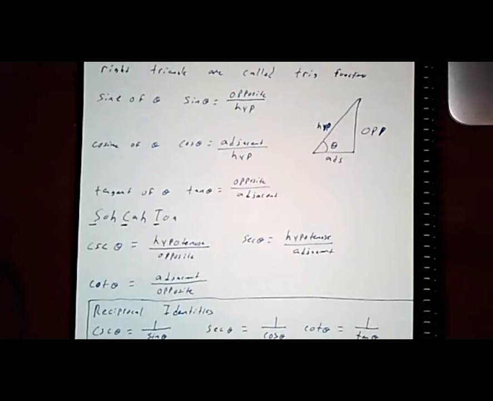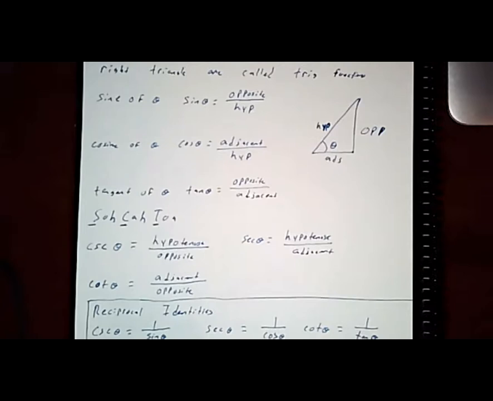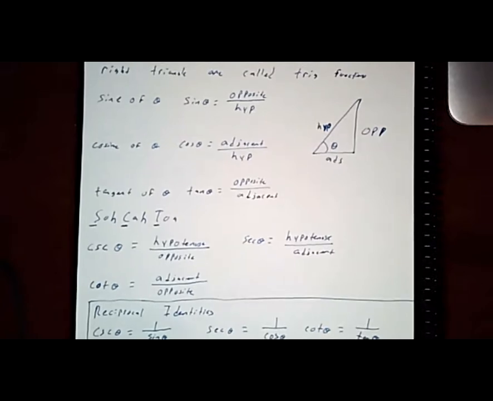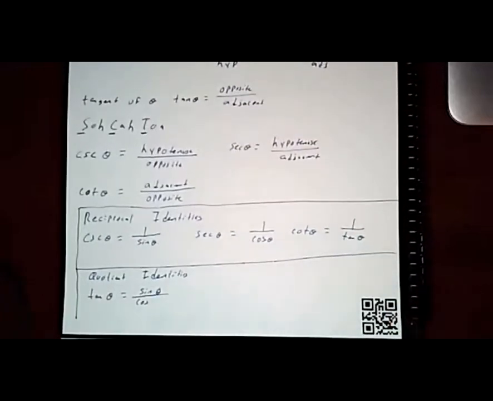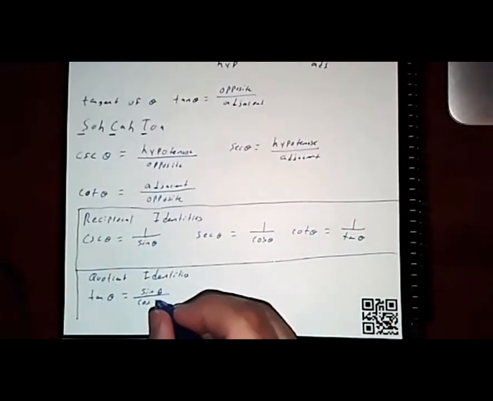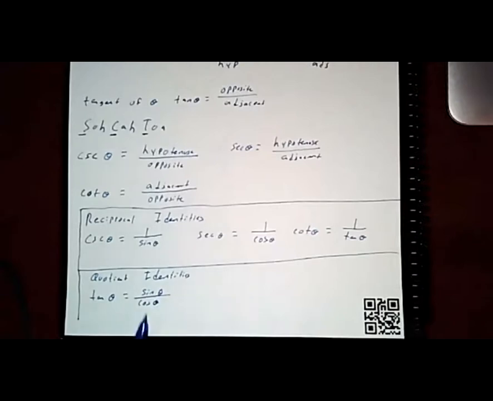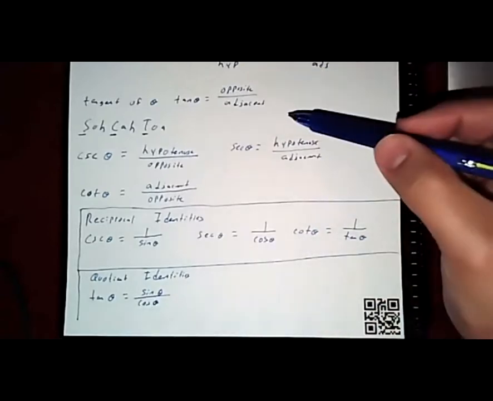Quotient identities. Tangent theta is equal to sine theta over cosine. Will you please lift up the paper? Oh, thank you. Yes, there it is. So tangent is defined as a ratio of sine over cosine, or opposite over adjacent.